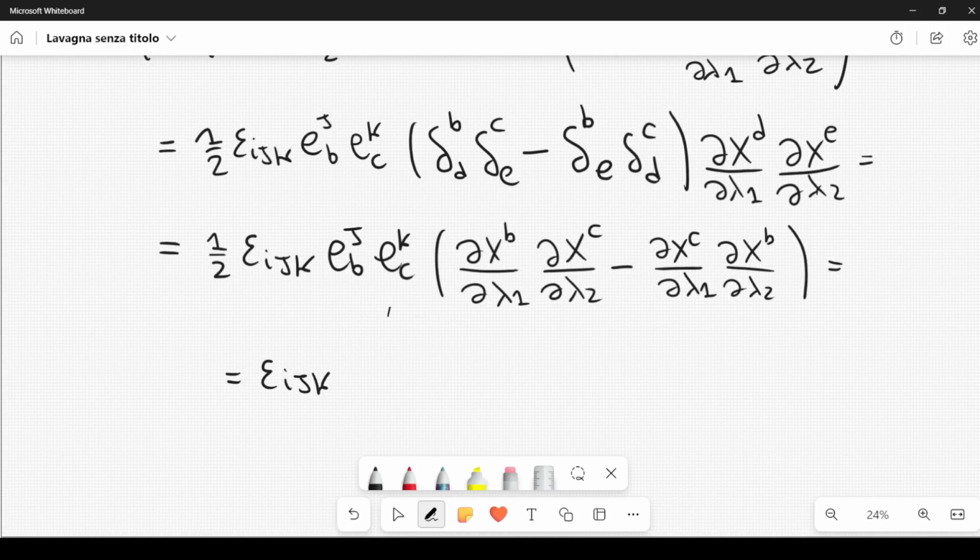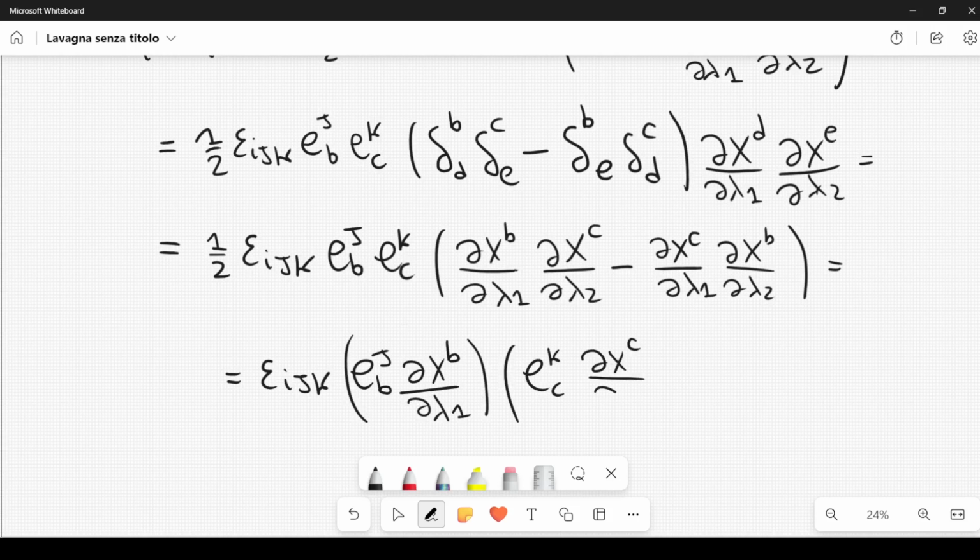Now if you play with the dummy indices there, you can see that this 1/2 will be cancelled because these two terms will sum. So here you see a minus, but if you play with the dummy indices, you can change this to a plus, and what you get is something like this: e_{jB} dx^B/d lambda 1, and then I have e_{kC} dx^C/d lambda 2.